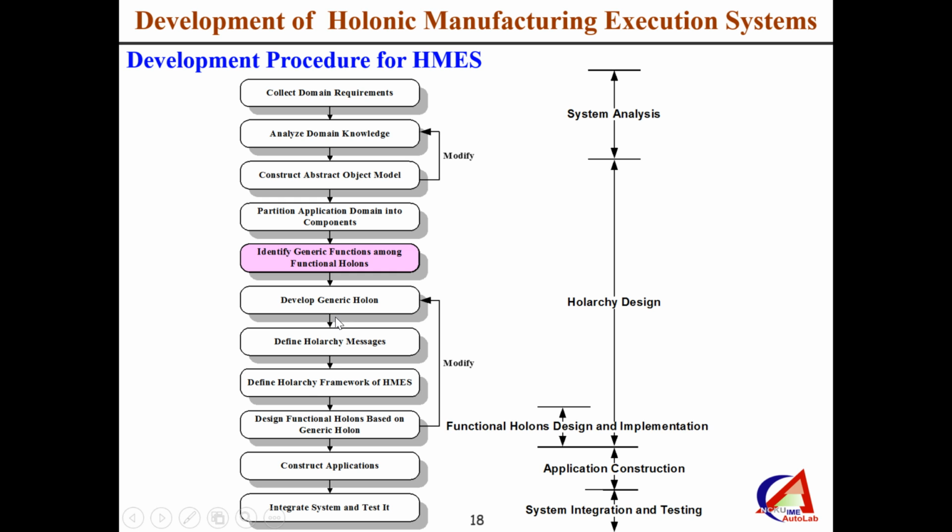Follow the object-oriented system design, OOAD, right? You should know the generic Holon's requirements, and after you know these requirements, you can develop these generic Holons. After you have these generic Holons, we need to define all the framework messaging.